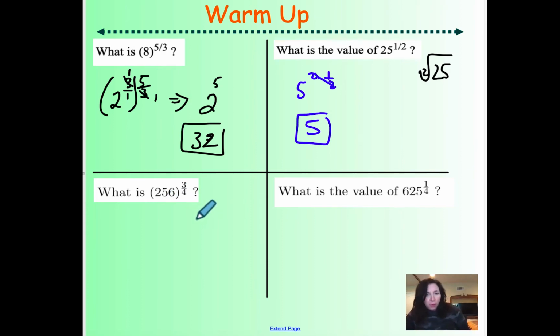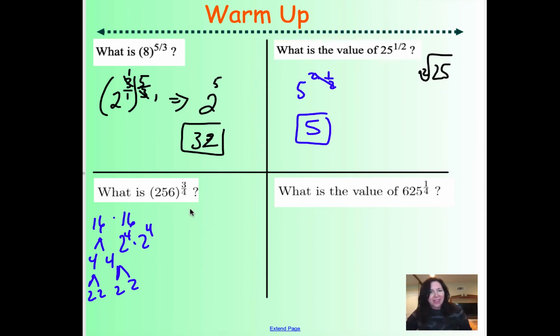256 to the 3/4 power. 256 is 16 times 16. But 16 breaks down: 4 times 4, which is 2 times 2, and then 2 times 2. So that's 2 to the 4th power. Realistically, it's 16 times 16, which is 2 to the 4th times 2 to the 4th.